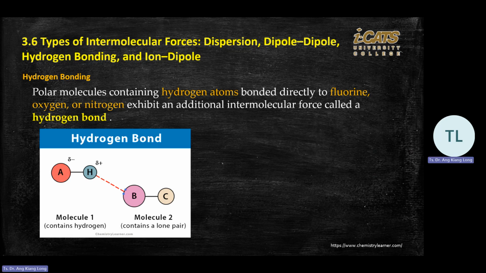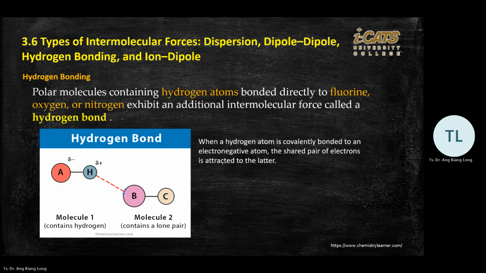Okay, yeah. So molecule 1 contains hydrogen. Molecule 2 contains a lone pair. Then here, molecule 1, you have a delta positive and delta negative. Then it will form hydrogen bond. So hydrogen bond is one type of covalent bonding.